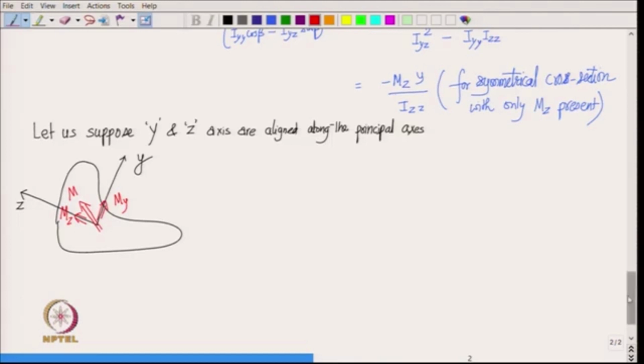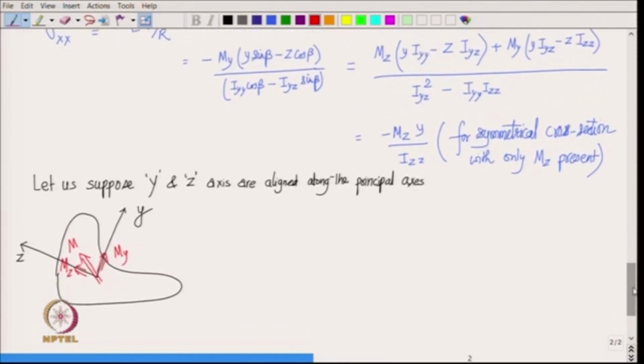Now, let us see what happens to this formula now, because the y and z axis are the principal axis. This also implies I y z would be equal to 0. So, plug in I y z equal to 0 in the general formula and sigma x x would become. So, we come back to the general formula and we say I y z is 0.